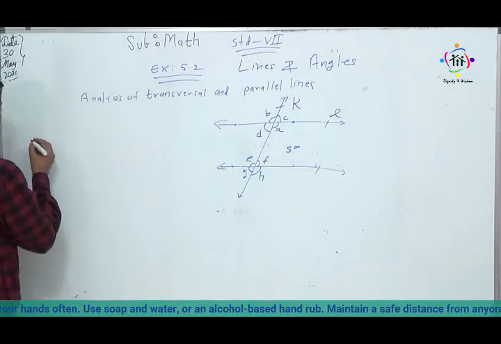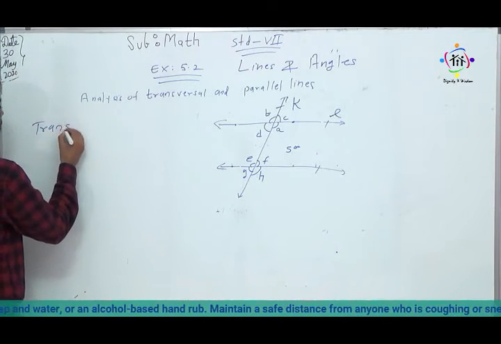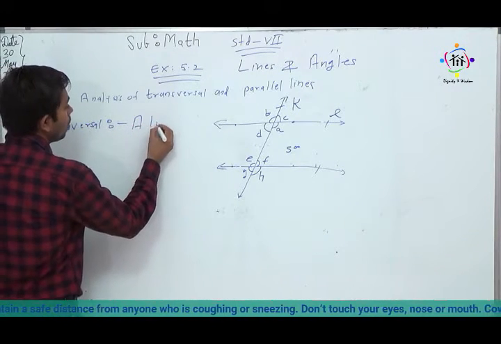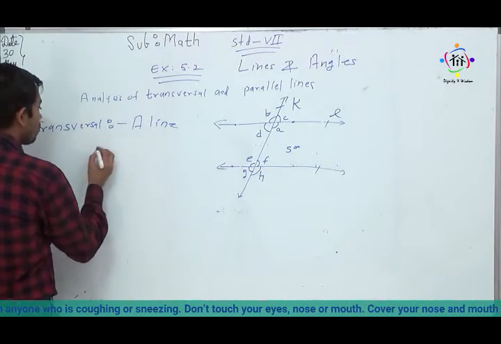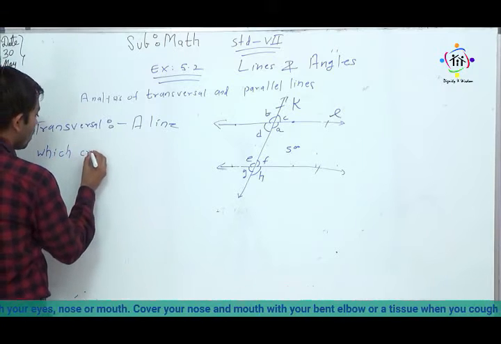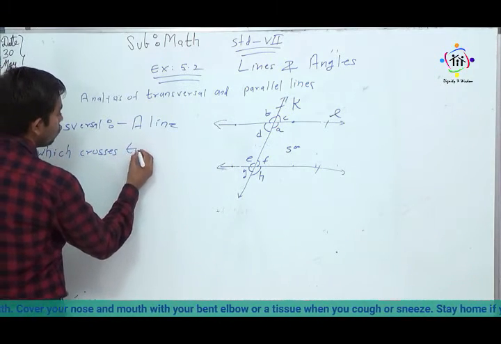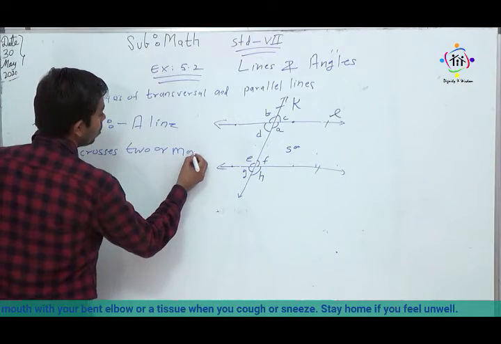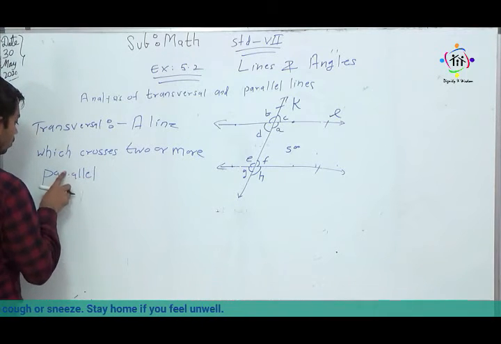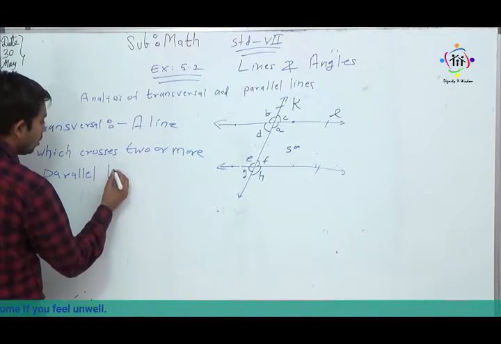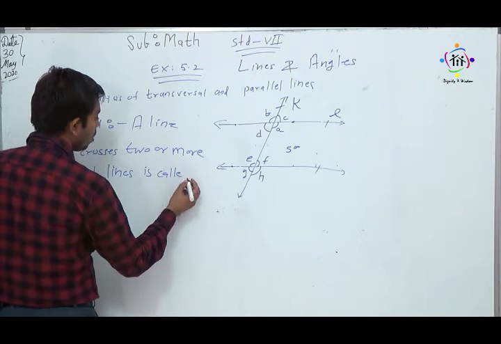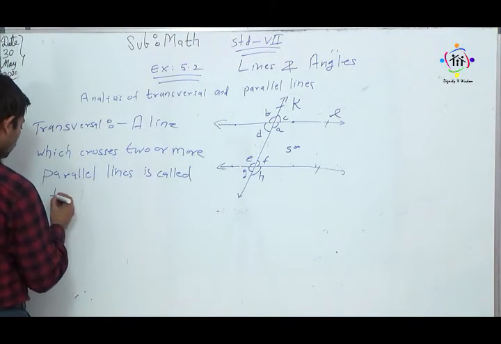So here we can write: a transversal is a line which crosses two or more parallel lines.